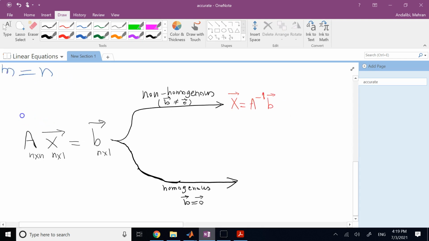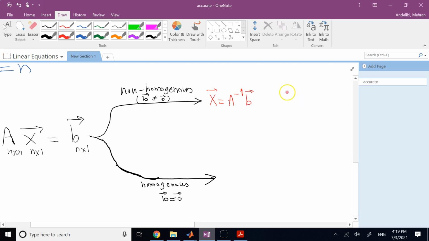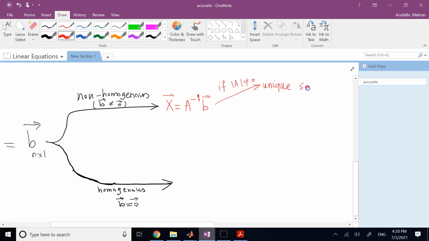Yes, when the determinant is 0 or the matrix is not full ranked. So here, if the determinant of A is not equal to 0, so the matrix is not singular, the inverse does exist. If that's the case, then there is what? There is a unique solution, one unique solution.